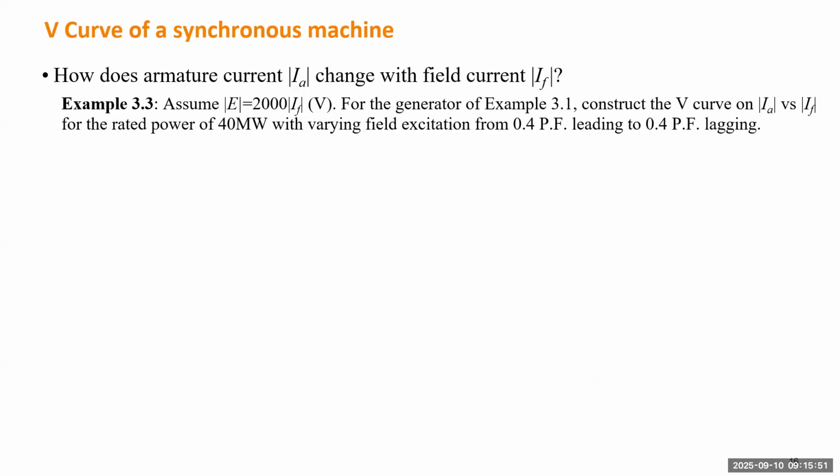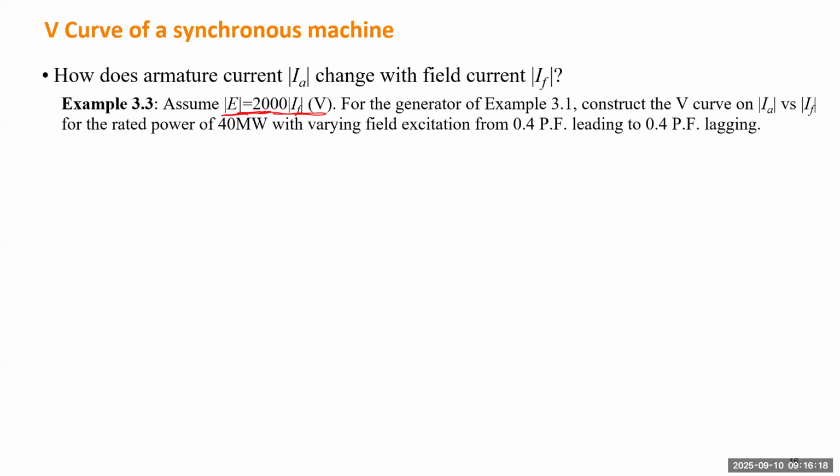We utilize the same generator to try to draw how the armature current changes with field current. Here we assume the excitation voltage E is proportional to the field current. Field current is actually the DC current on the rotor. That value multiplied by 2000 will give you a good estimate for the excitation voltage.